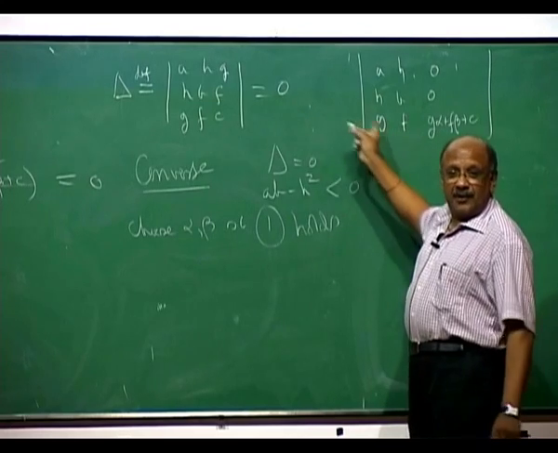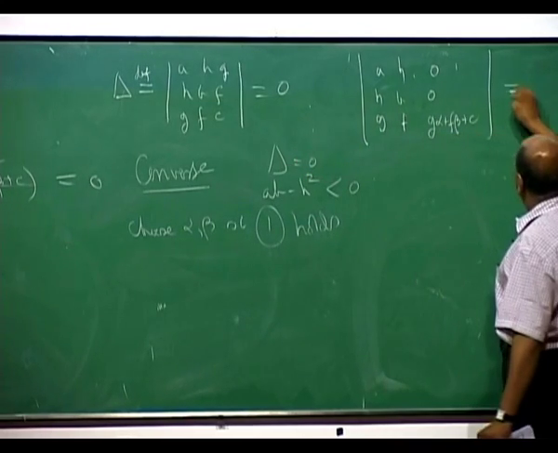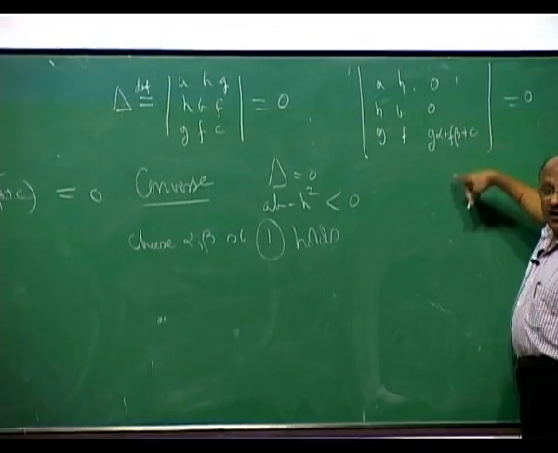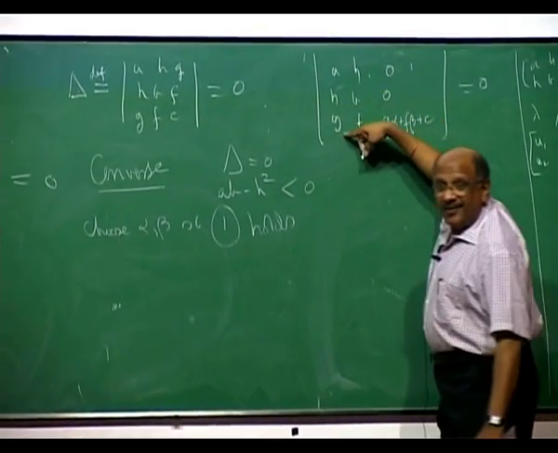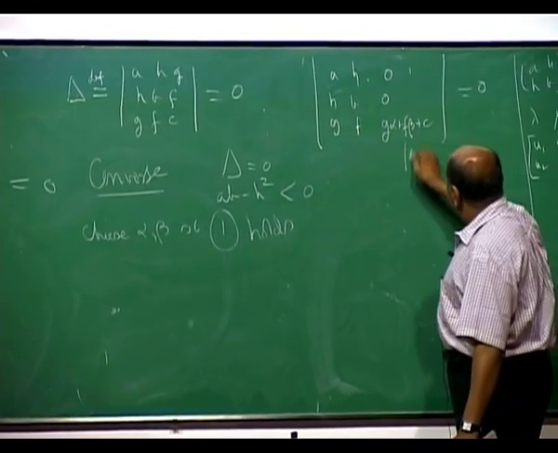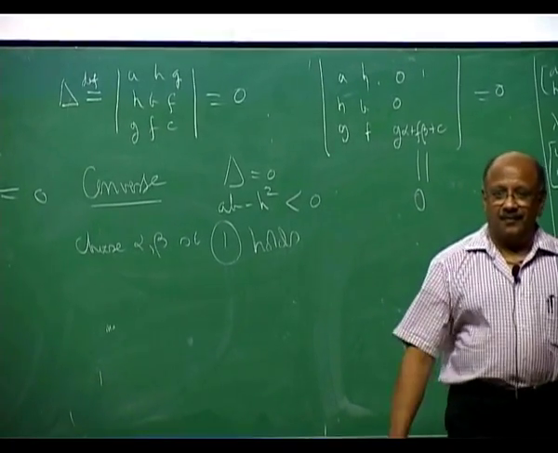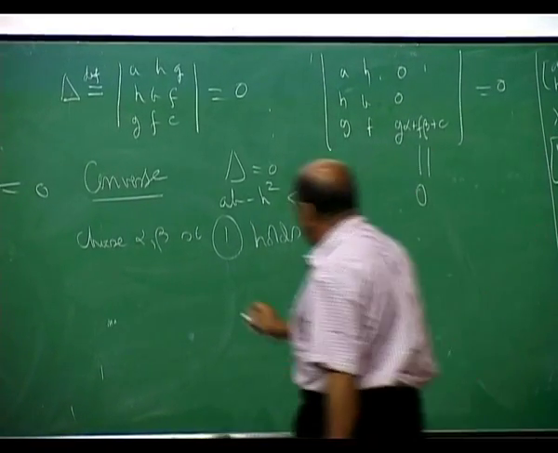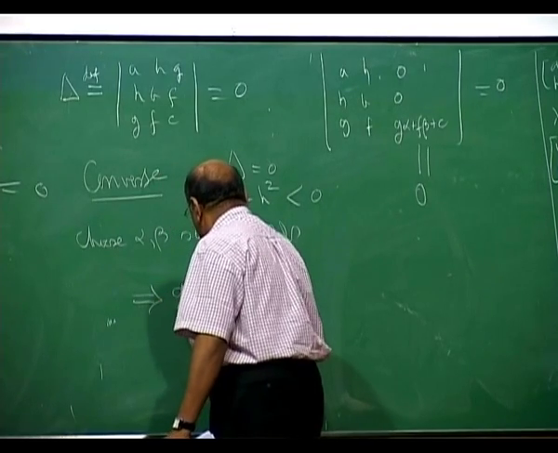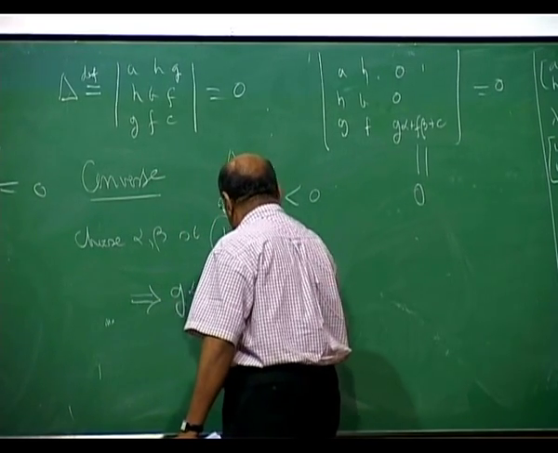And I know that this determinant doesn't change, so this will also have to be 0. I expand by this column, the other entries are not 0, and therefore this has to be 0. So it forces g alpha plus f beta plus c to be 0.